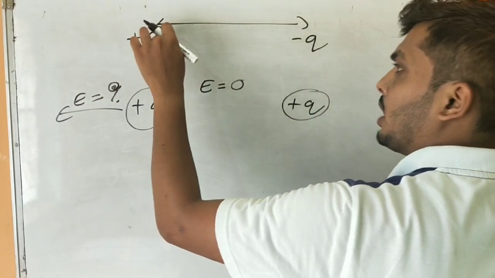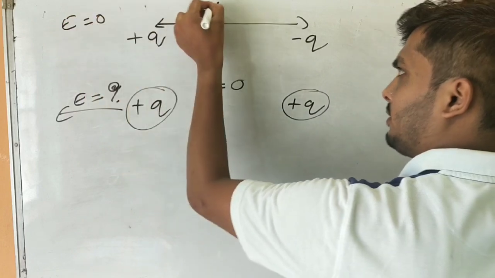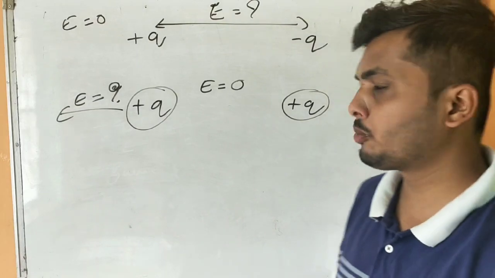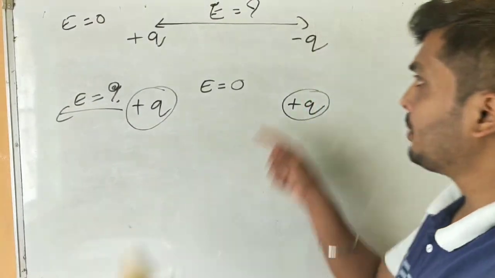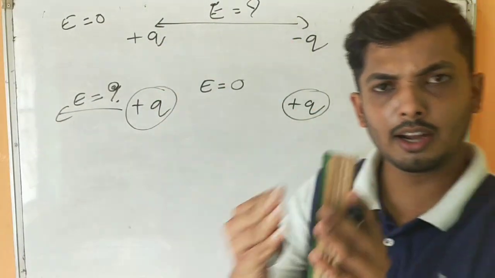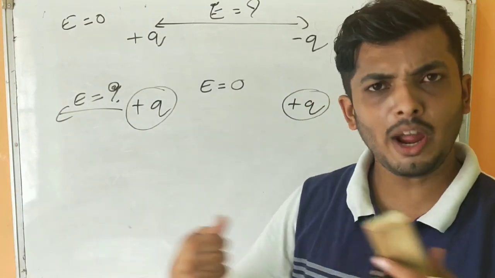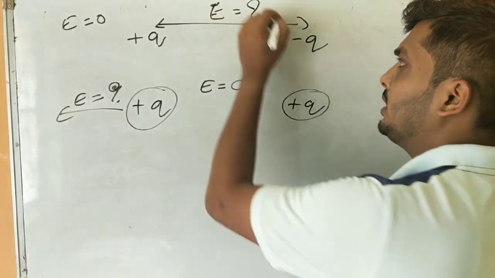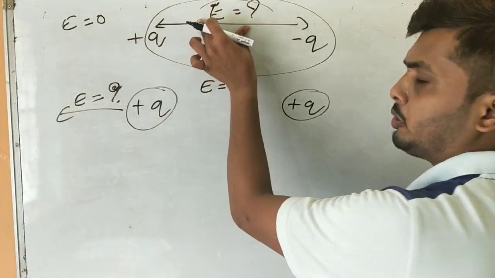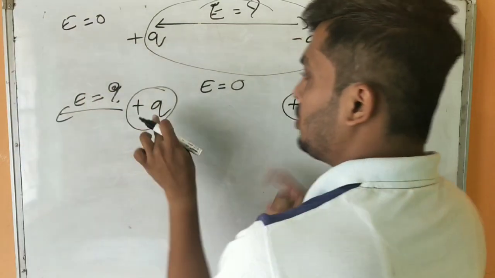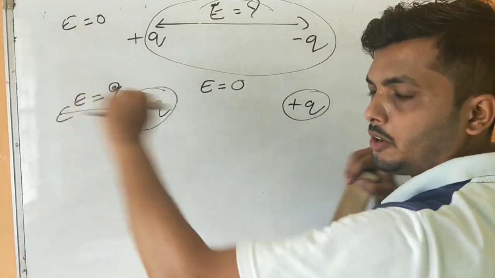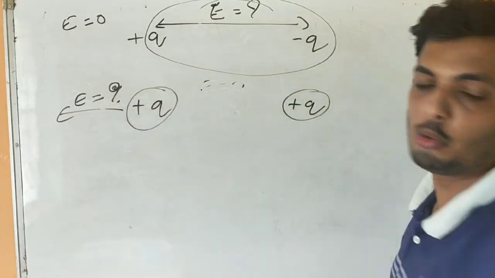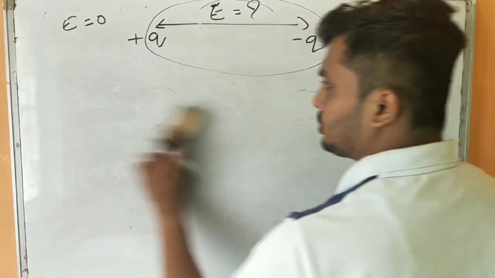For plus and minus, outside it will be 0 and inside E will have a certain magnitude, because plus and minus attract radially inwards, so the electric field direction will be inside. For plus plus or minus minus, the electric field will be radially outwards, so the electric field inside will be 0, but outside there will be a certain electric field. Have you understood this?